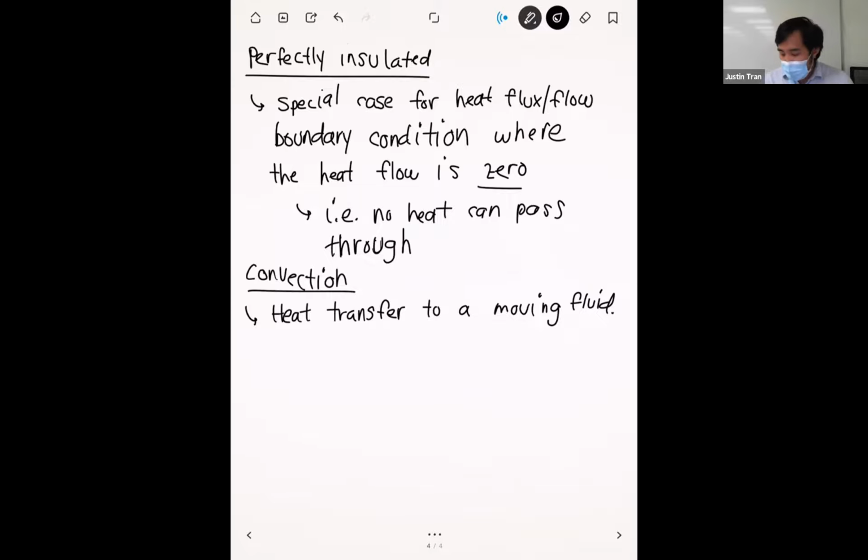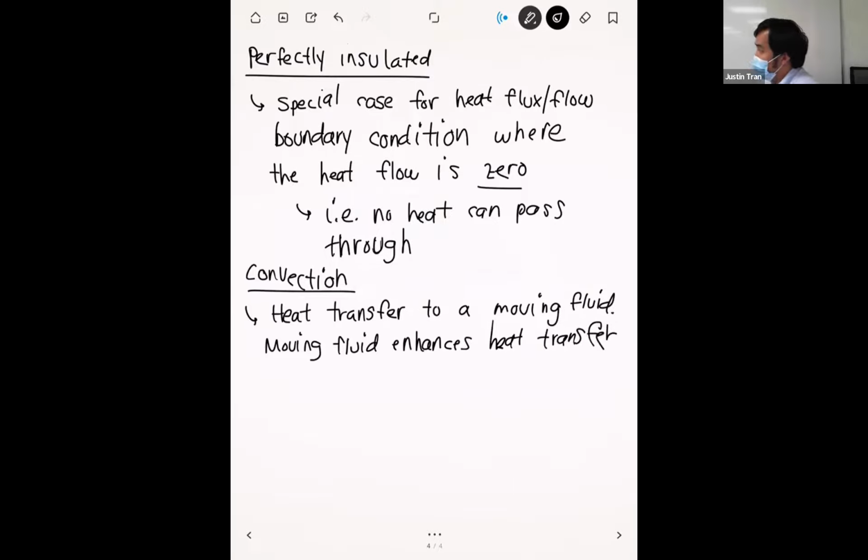Just like we mentioned before, whenever you have some kind of moving fluid, the moving fluid is always going to enhance the heat transfer. Think about when you're standing outside and it's windy, right?